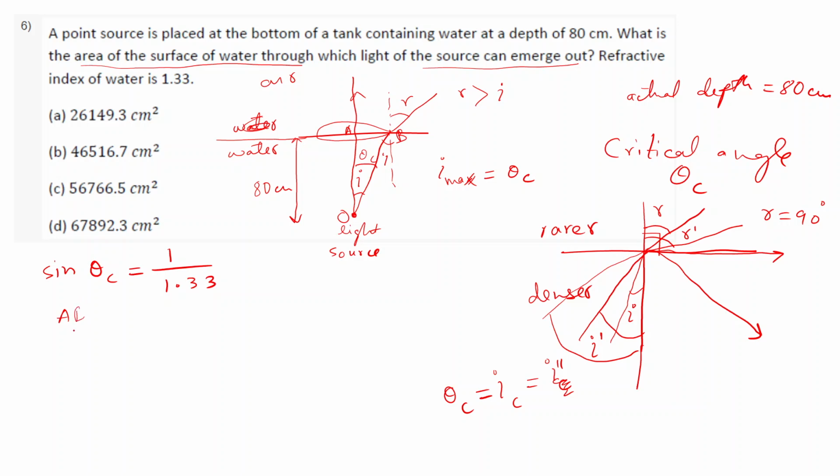So AB divided by BO. This is basically AB, let's call it some radius of this area, X. So X, and BO is, so if this is 80 centimeter, but for convenience let's call it H. Okay, this is X, then this will be square root, because it's a right angle triangle, so the hypotenuse will be H square plus X square.